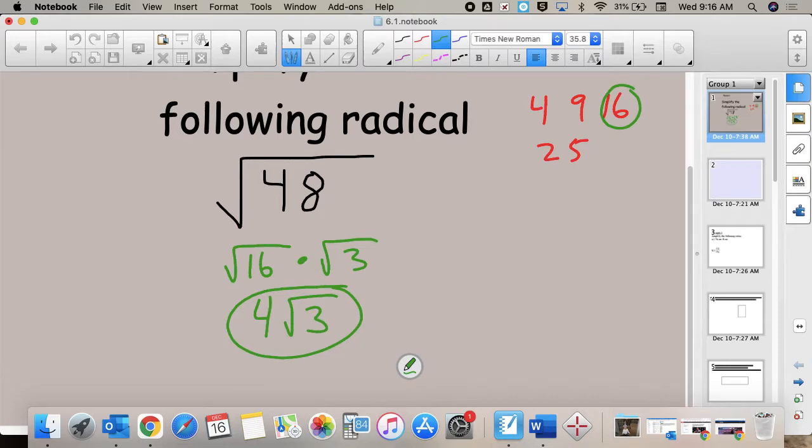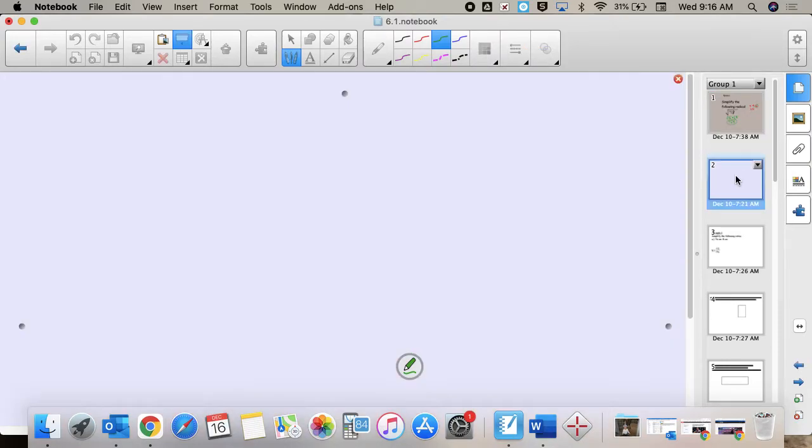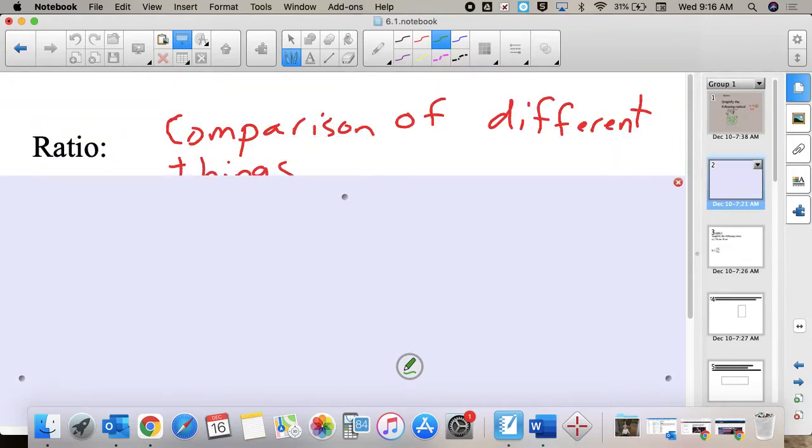Now, once again, as I said, we're going to review a couple things along the way. When we are working with similar figures, we're going to talk about the ratio between them. All a ratio is, is a comparison of two different things.